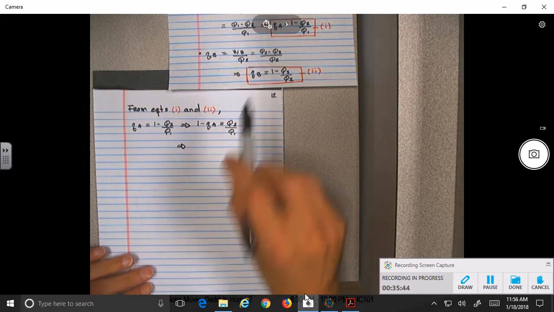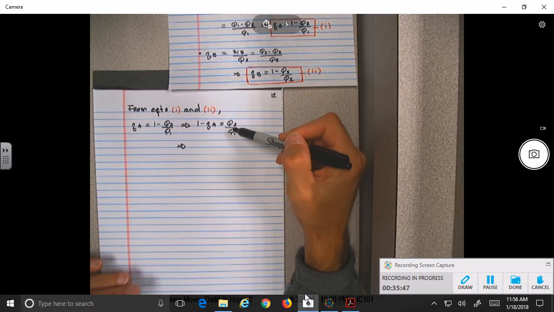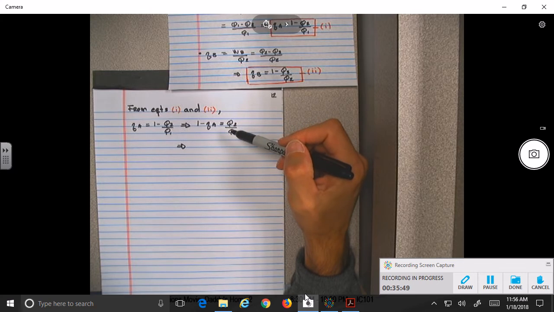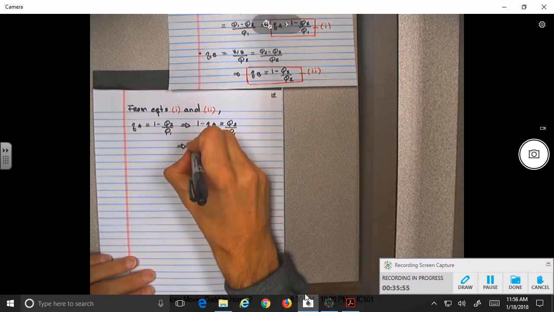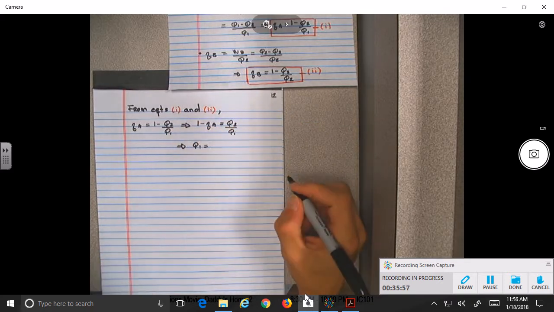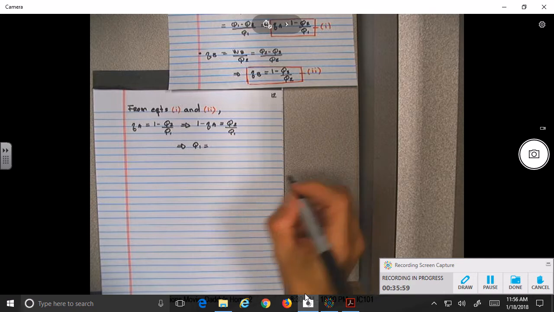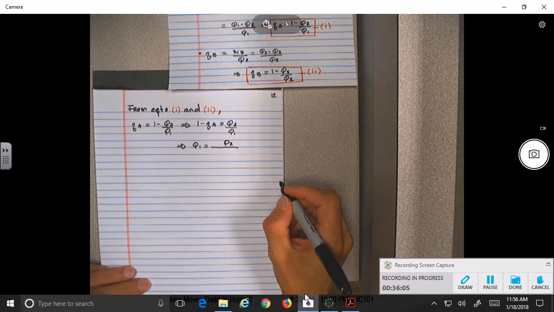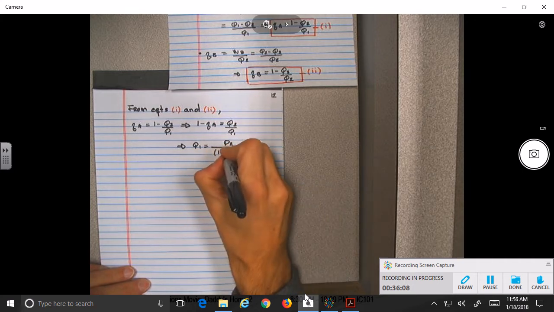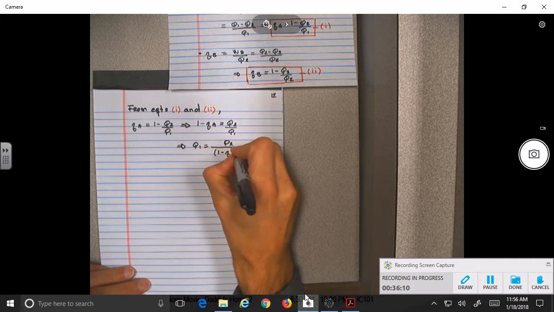I'm trying to rewrite Q1 in function of Q2. Okay? So this will give us what? Q1 equals Q2 divided by 1 minus the efficiency of A.